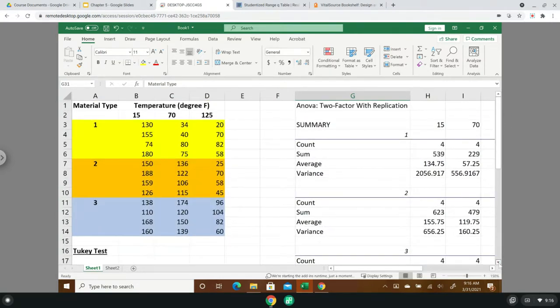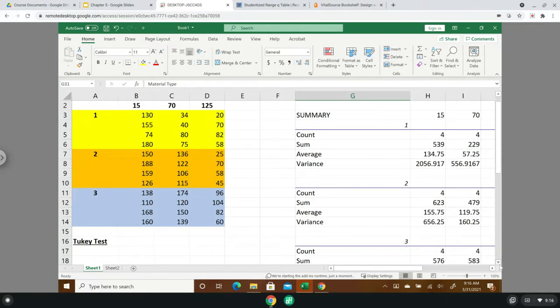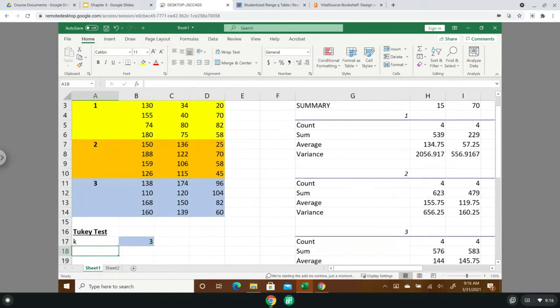So we need to write down a few things before we do that. First of all, we need to write down the K, which is basically the number of the different factor levels, and we are talking about material types. So we have three different material types, right? So K is equal to 3 factor levels.